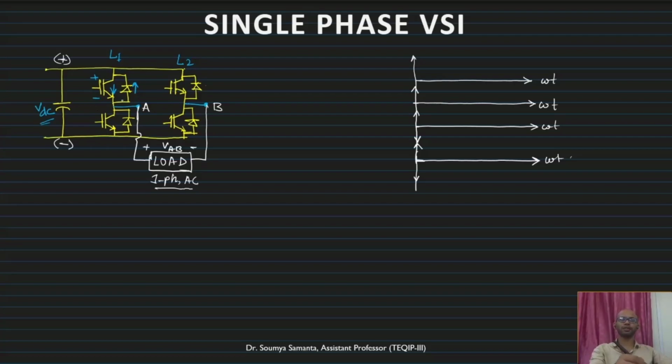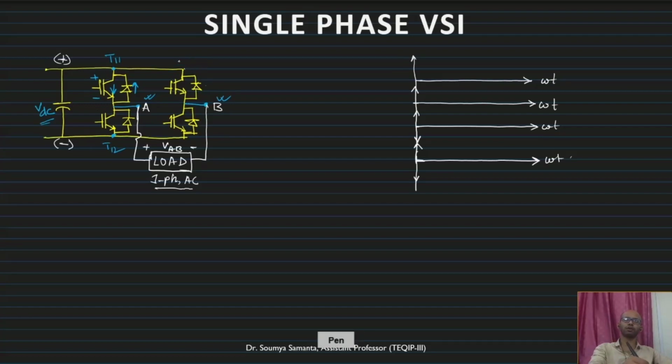Now these things I have discussed. In this particular switch, I have mentioned that these terminals are the poles of the SPDT switches, and these are the throws of the SPDT switches. This is T1 and this is T2. If I mention this one, this was T11, this is T12.